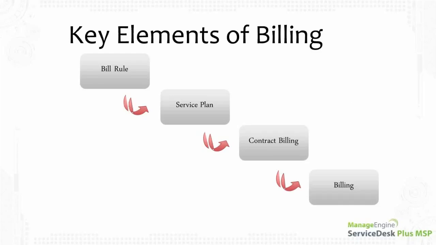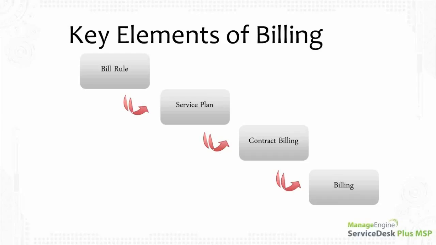So here is what exactly to do. First, you have to make sure that you enable certain rules under the bill rule section, which is available under the admin tab beside the service plan button. And then you configure the service plan, where you can make sure that you add certain bill rules. And then once the service plan is defined, the client can choose whatever service plan he wants to adopt for his billing.